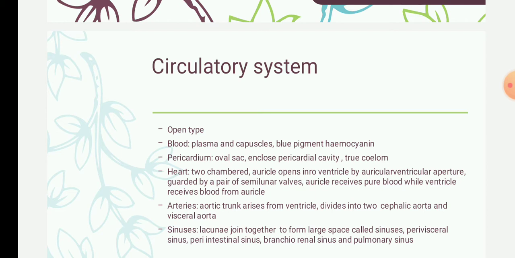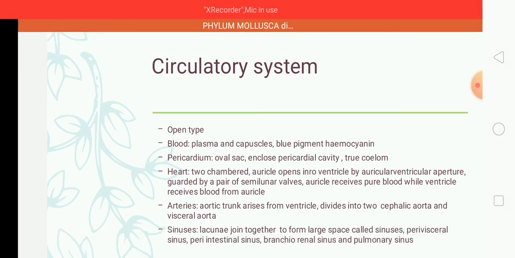The spelling of corpuscles in this presentation is wrong. It is corpuscles. Okay, and the blood is blue in color. The plasma contains a blue pigment called hemocyanin, and due to the presence of hemocyanin, the color of blood is blue.